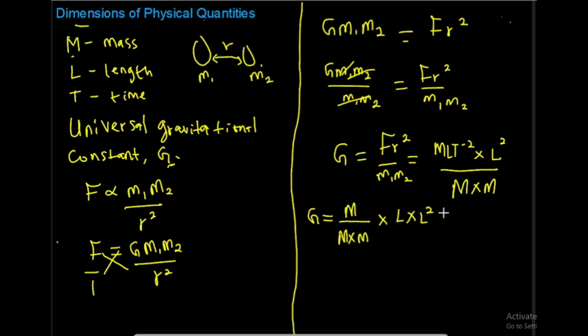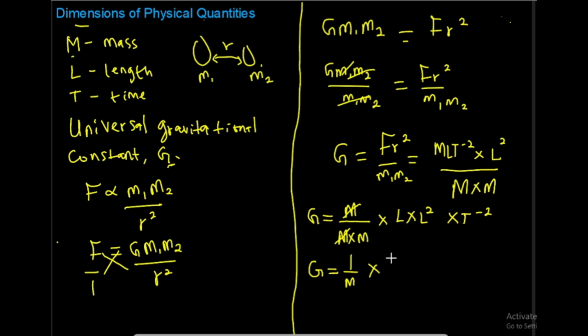And then we have T raised to the power minus 2. So that will give us G equal to M over M times M, which will cancel out one of the Ms, and we will be left with 1 over M.